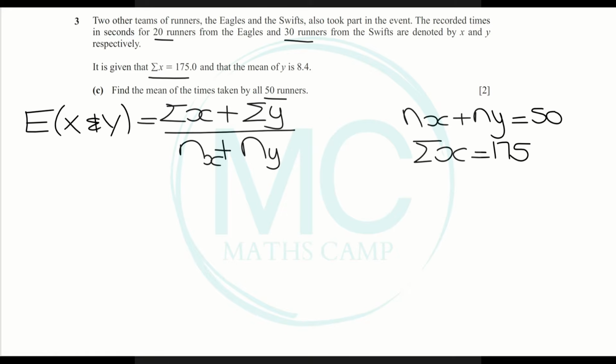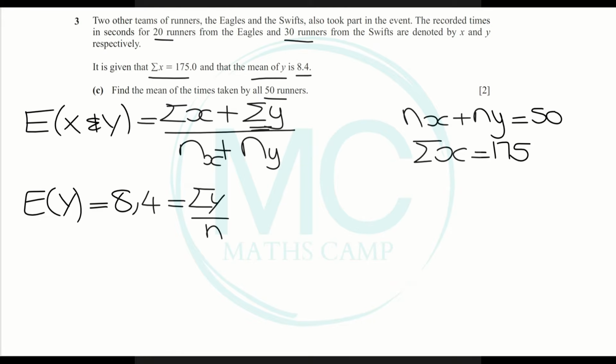But to find the total mean, we still need sigma y. The question tells us that the mean of y is 8.4. But remember that the mean is sigma y over n. y is the Swifts, and there are 30 runners.